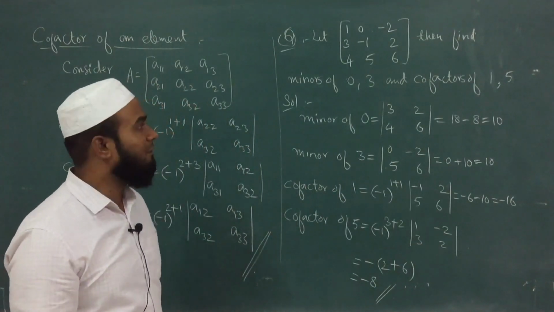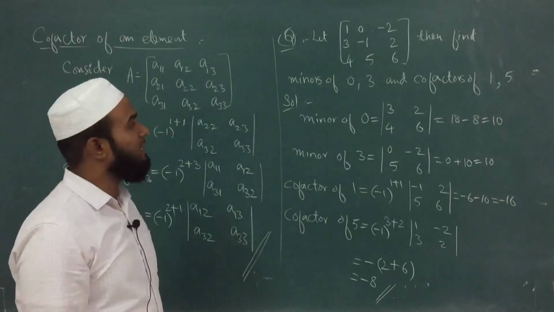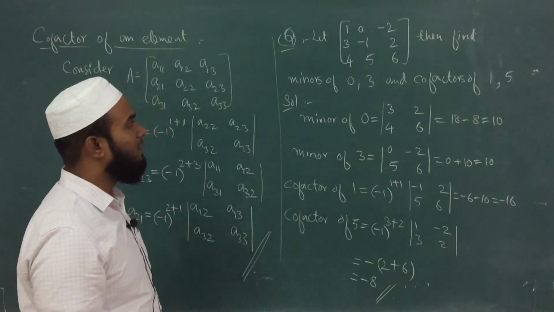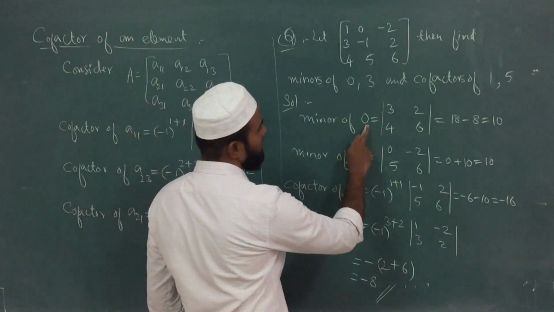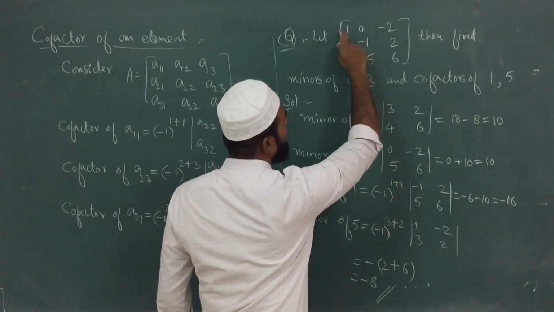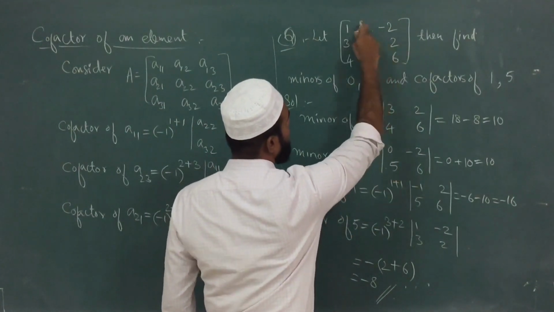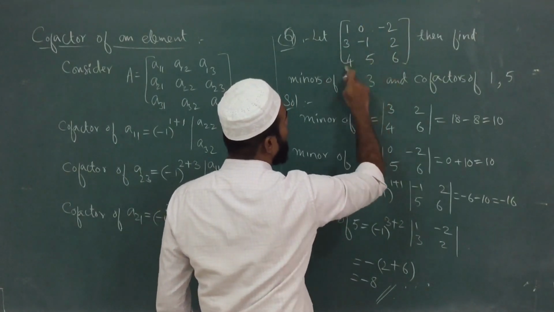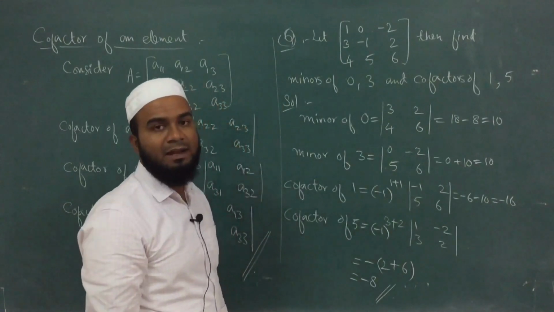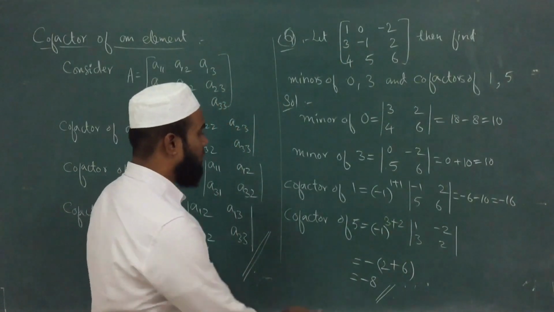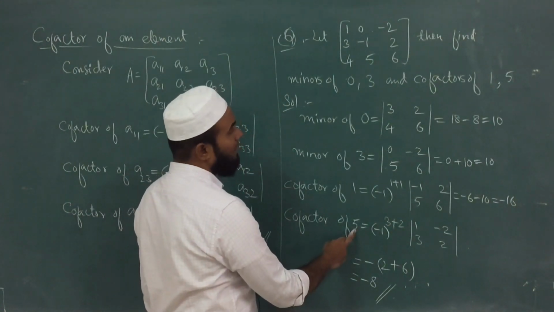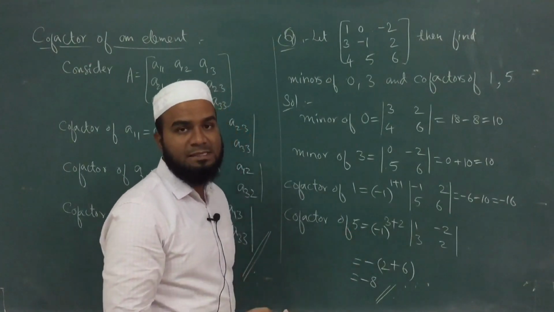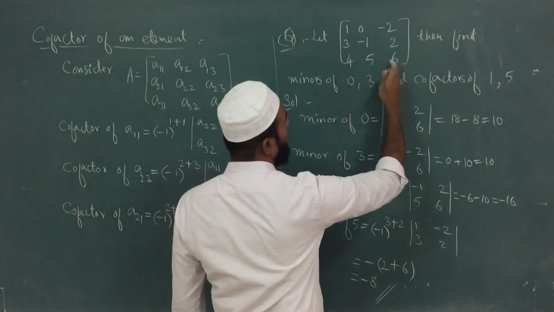This is how we evaluate minors and cofactors when a matrix is given, right. How do we evaluate the minor? For evaluating the minor, suppose 0 is present in first row and second column. So this row and this column should be removed. For the remaining 3, 2, 4, 6, we have to find the determinant, then we will get the minor. And for cofactor, suppose we want to find cofactor of 5, then minus 1 power, we have to see where 5 lies. See, 5 lies in third row and second column.